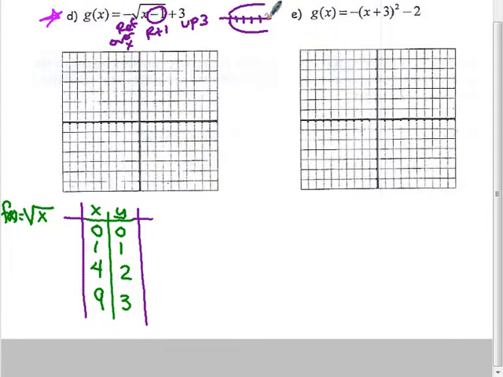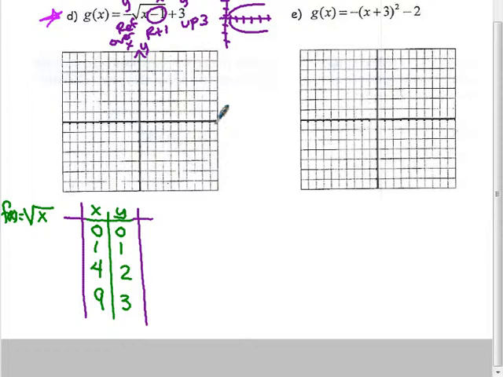Is it changing my x values, or is it affecting my y values? Aha! If these reflect over, it actually is affecting the y. So this affects the y, this affects the x in the opposite direction, and this affects the y, right? Up and down is going to affect my y-axis.